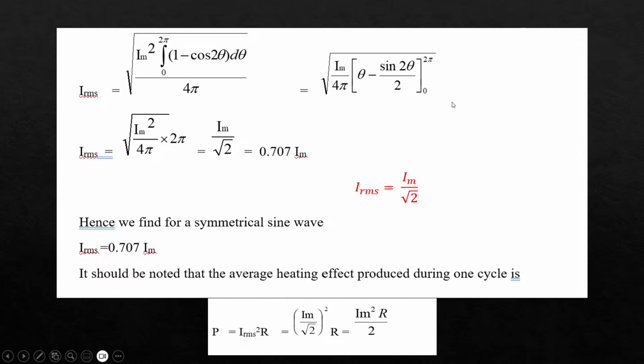Now this becomes theta minus sine 2 theta by 2. As you know, the integration of cos 2 theta is sin 2 theta upon 2, because the 2 comes down. Sorry, I always get confused here.